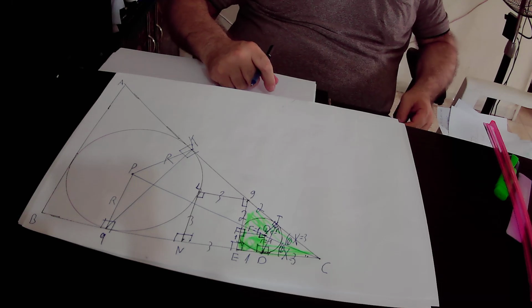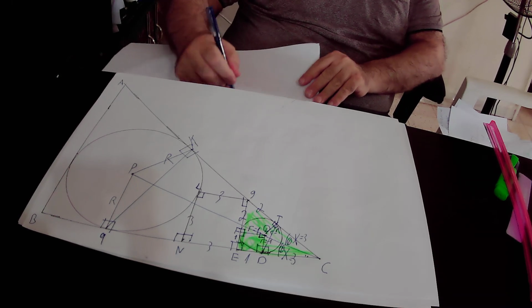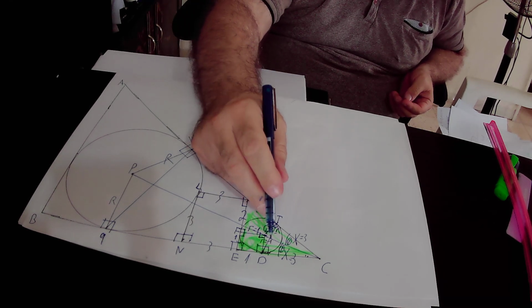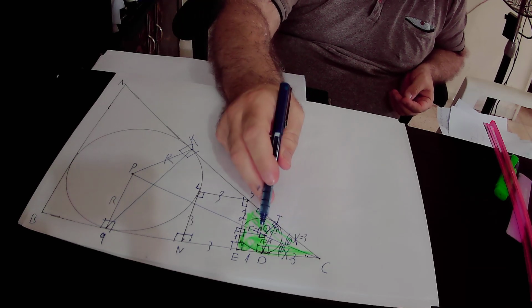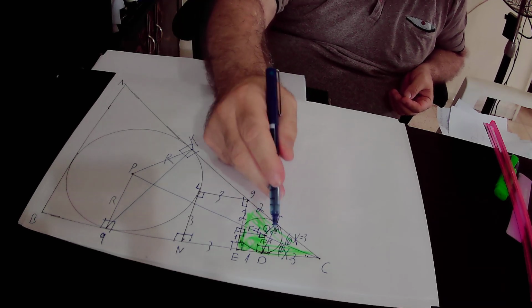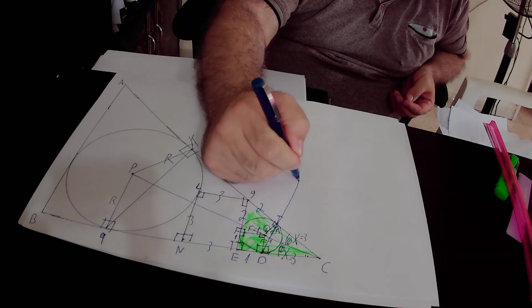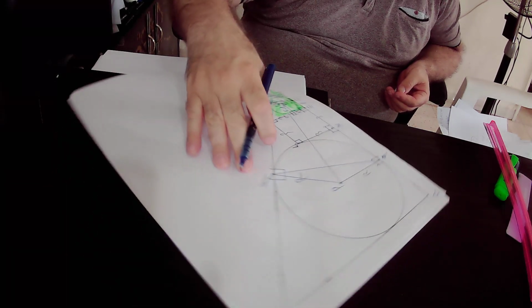In the next step, we will focus on the green right triangle ODC. In this green triangle, this angle equals theta, this angle equals 90 degrees. Therefore, the third angle must be equal to 90 degrees minus theta. Why?